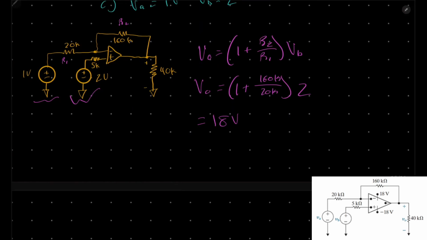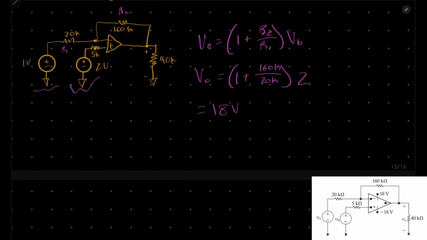Now, for this side right here, this is our inverting side. So we'll use the equation for an inverting amp, which is going to be negative R2 over R1 times VA.